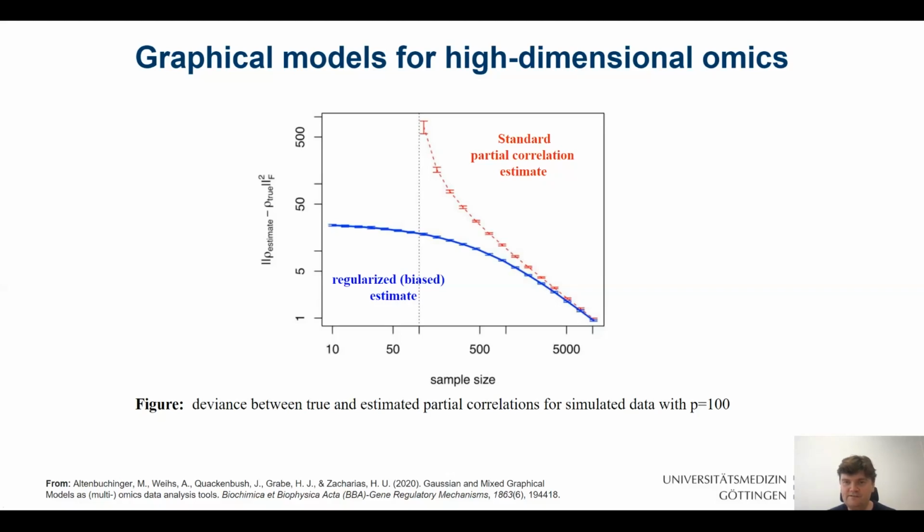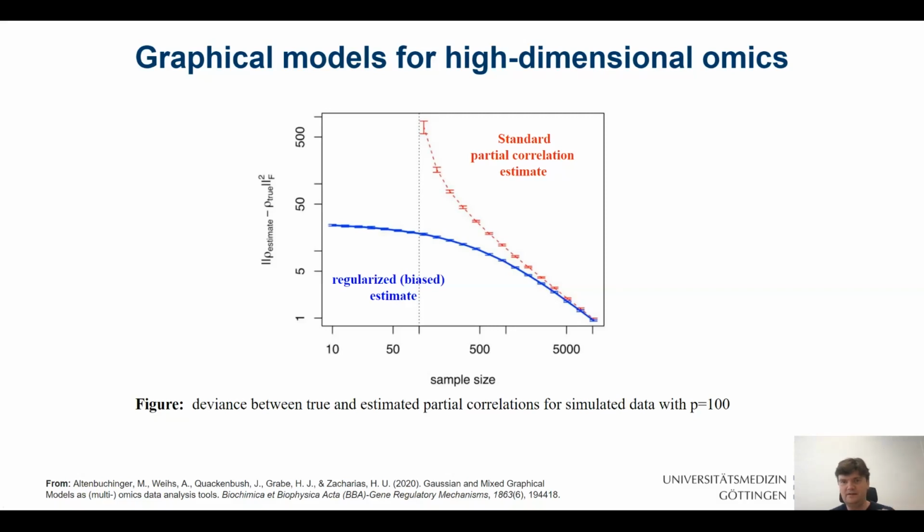And what we basically see is that as we decrease sample size, it gets more and more difficult to correctly estimate these partial correlations. And therefore, this red line basically increases. And it increases until it reaches a sample size of n equals 100, which corresponds to our simulation with 100 variables.